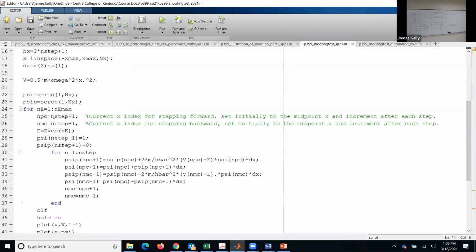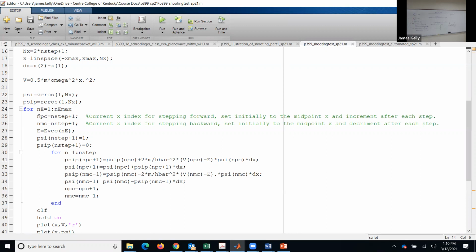In this case, n step, remember, I set at 50, and I've got 101 x locations. So n step plus 1 is 51. That's that middle index. N step plus 1 for my code here is the middle index. And what I'm calling NPC is like saying, this is the current location I'm at for stepping forward and stepping backwards. P is for plus, that's for me stepping forward, and M is for minus.